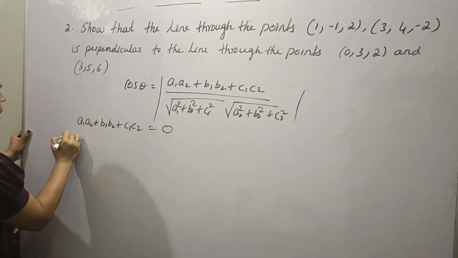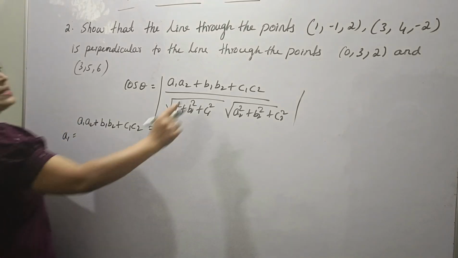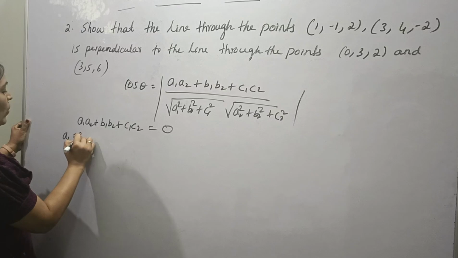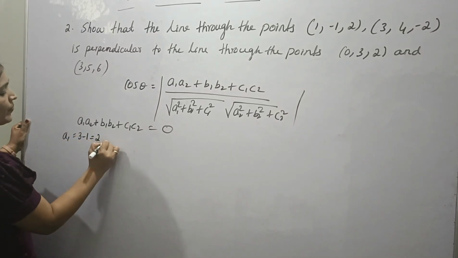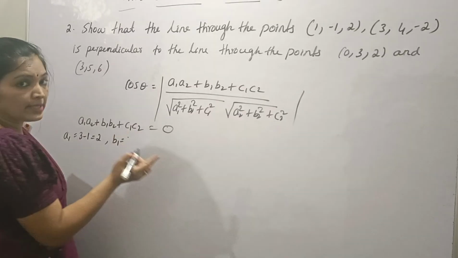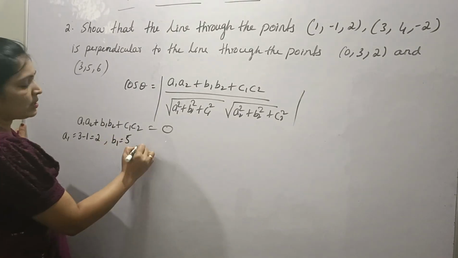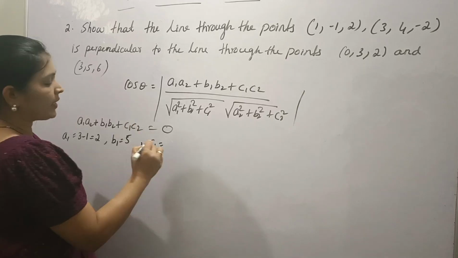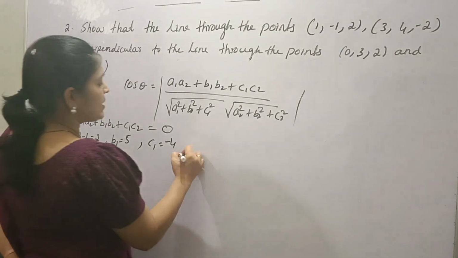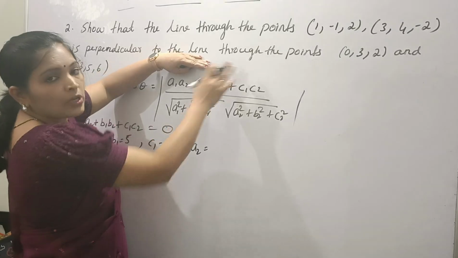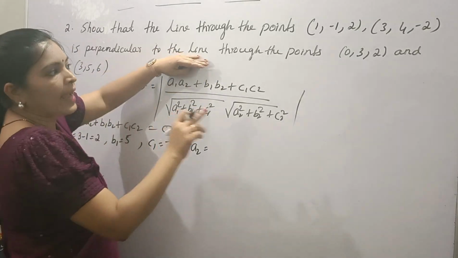Okay. So let's find A1, that is x2 minus x1, that is 3 minus 1, okay, is equal to 2, and B1 is equal to 4 minus minus 1, 5, and C1 is equal to minus 2, that is minus 4. And A2 is equal to next, okay, next line, direction ratios of next line.